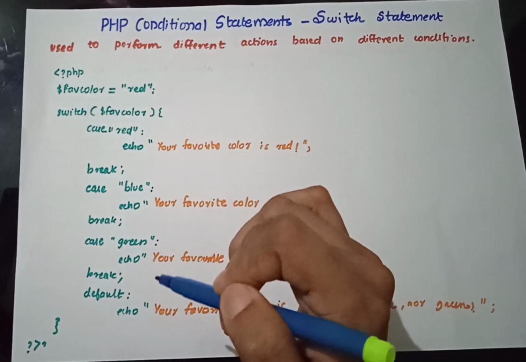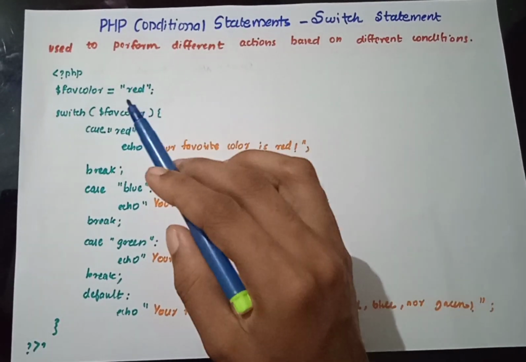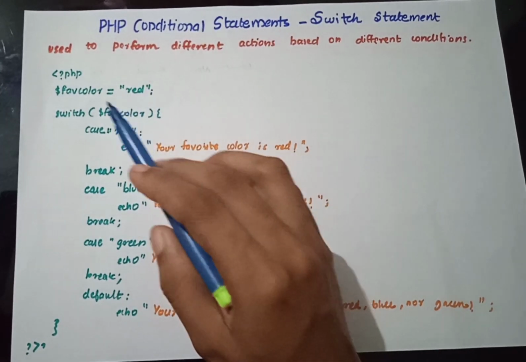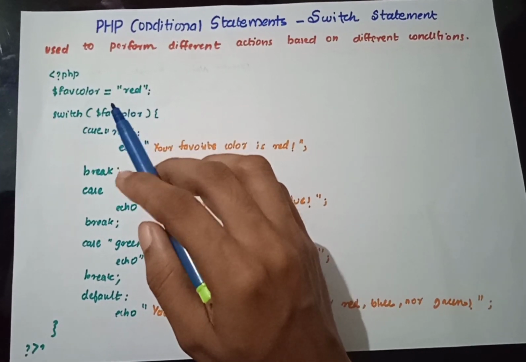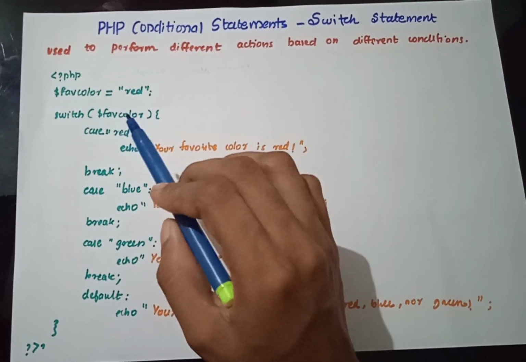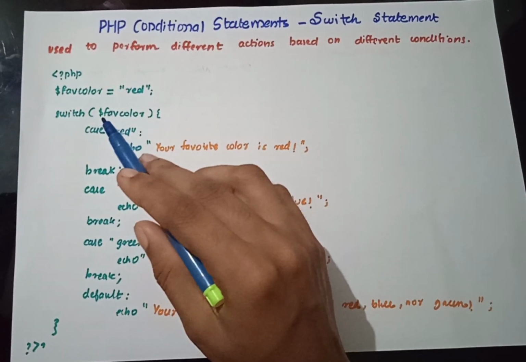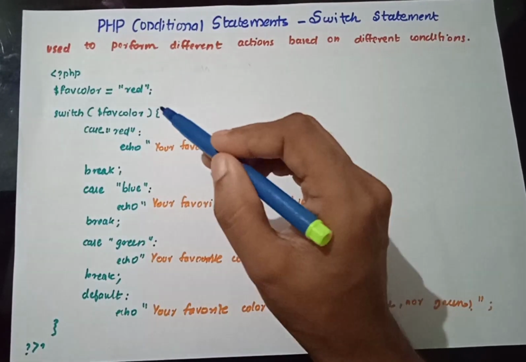Our program simply prints the favorite color according to the value you get from favecolor. So switch is the thing that rules this total action inside. We stated it there and opened the braces.